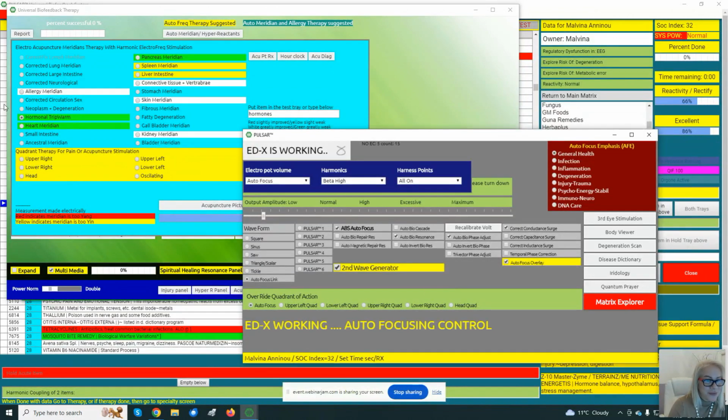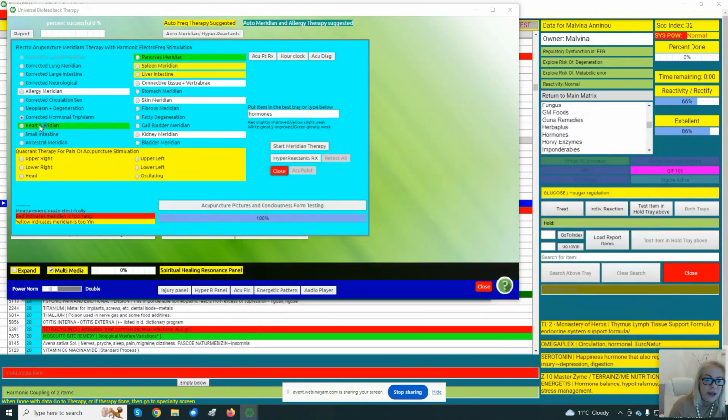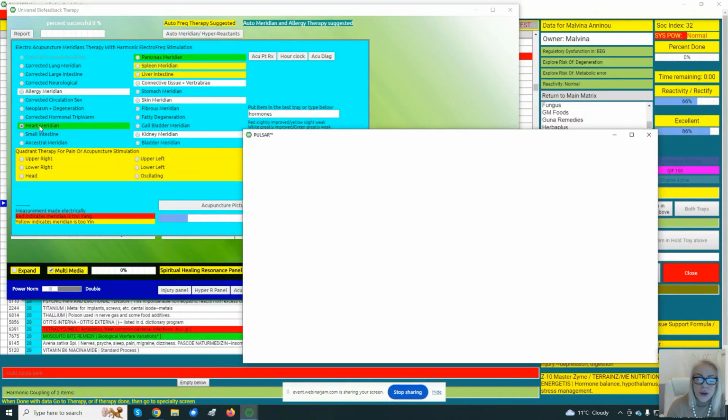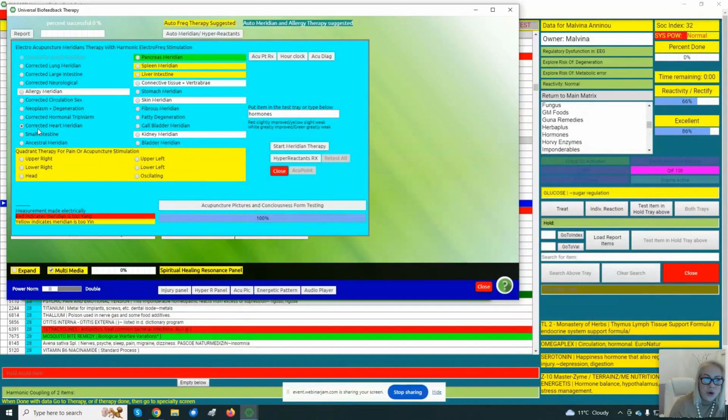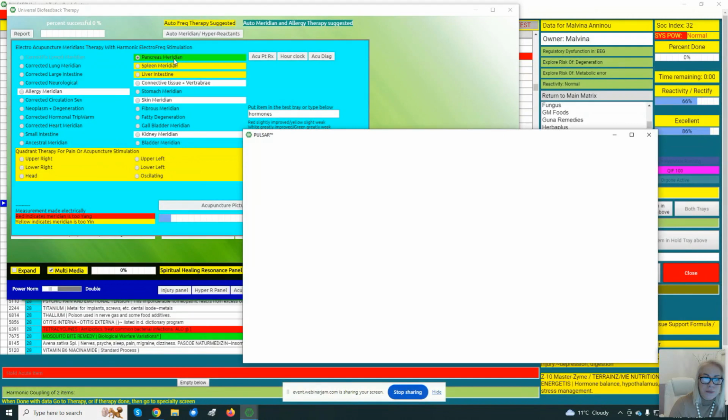Either way, my hormones are affecting my hormonal meridian. Corrected. Heart meridian, center of emotions, right? Corrected. Pancreas.